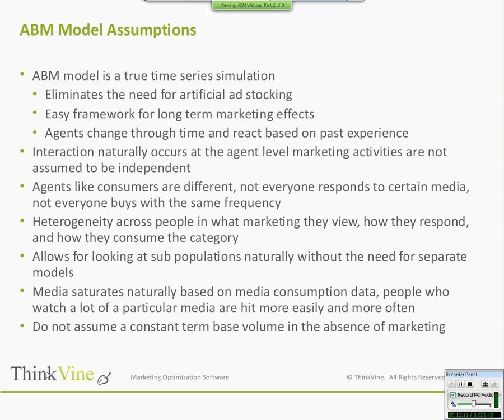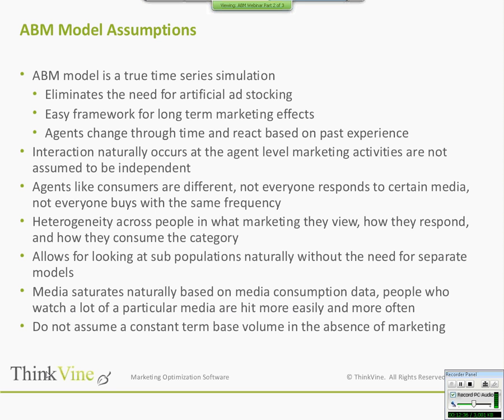The other big thing that we do that's different is we don't have a constant term in our model. Since we don't model with equations at the top-down level, we don't have to assume, like in a regression model, a constant term so that if you went dark, your sales stay flat forever.